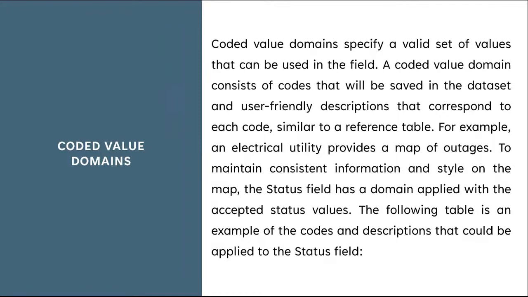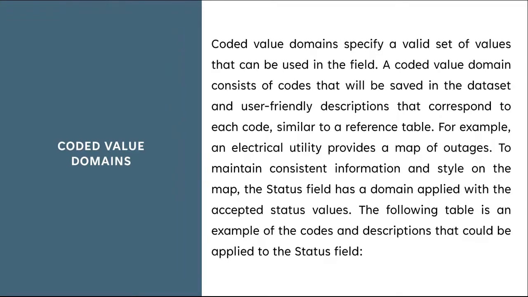to each code, similar to a reference table. For example, an electrical utility provides a map of outages and wants to maintain consistent information and style on the map. The status field has a domain applied with accepted status values.